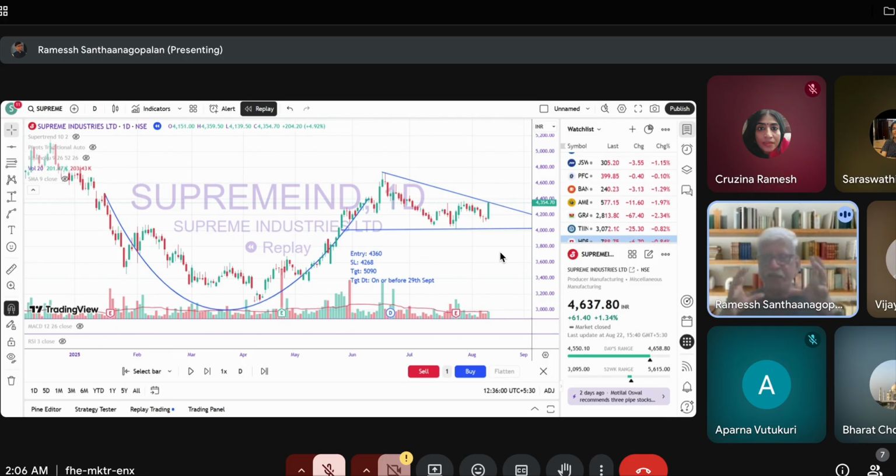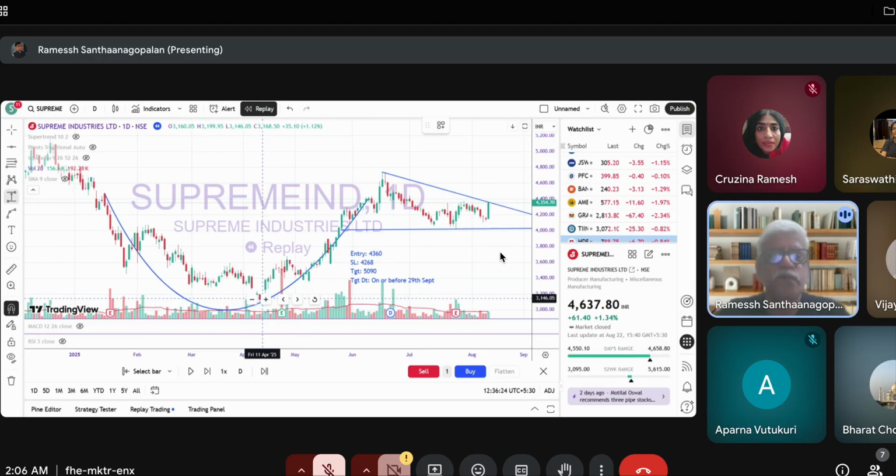Visualize it and see. So see, this is why I have seen this stock as definitely going to move up, because there are two patterns forming. One is cup. In cup also the same logic applies. What can be the target?